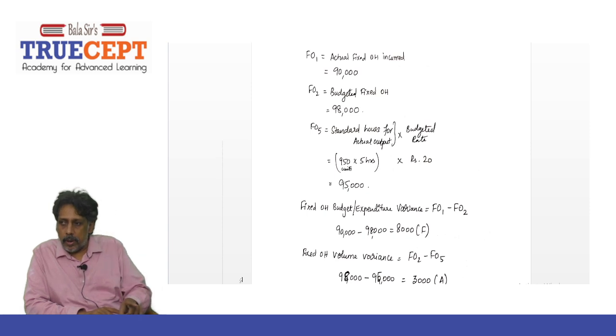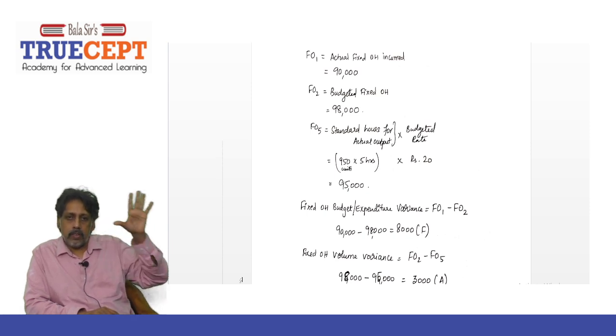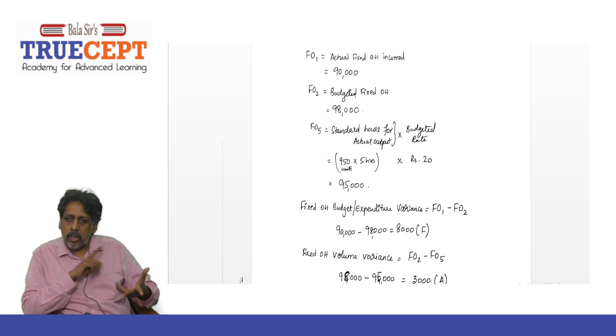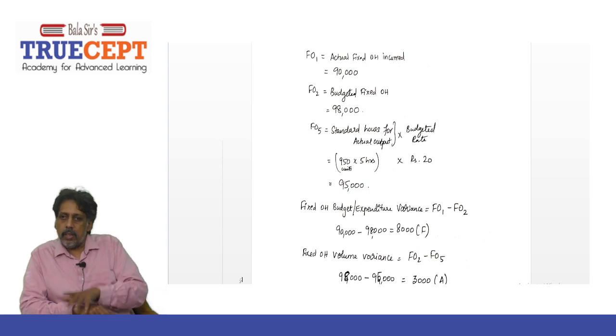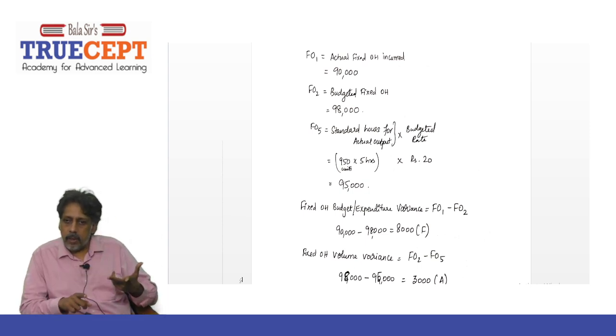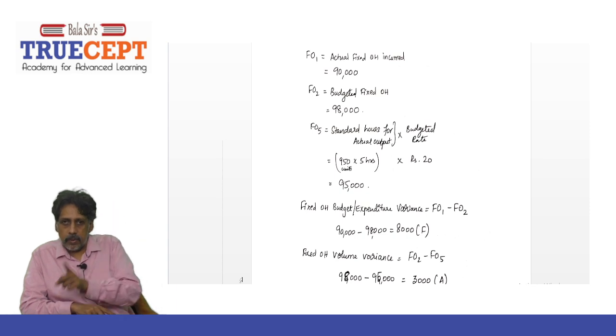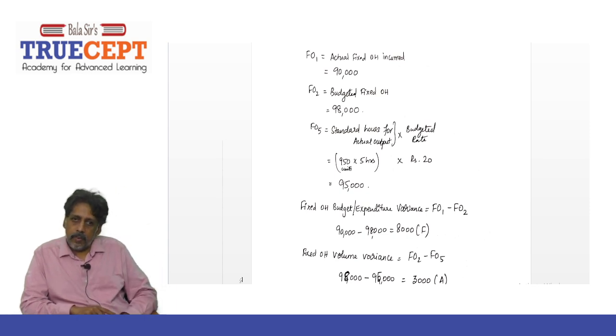These are fixed overheads. So now just check this. What is FO1? The actual fixed overheads incurred, which is rupees 90,000. And what is the amount of budgeted overheads given in the question? 98,000 given. FO3, 4 are not applicable.